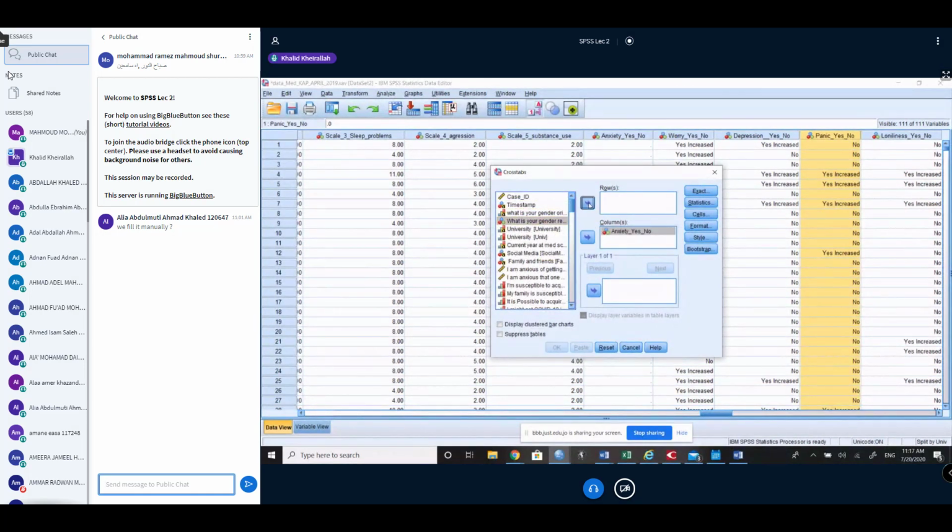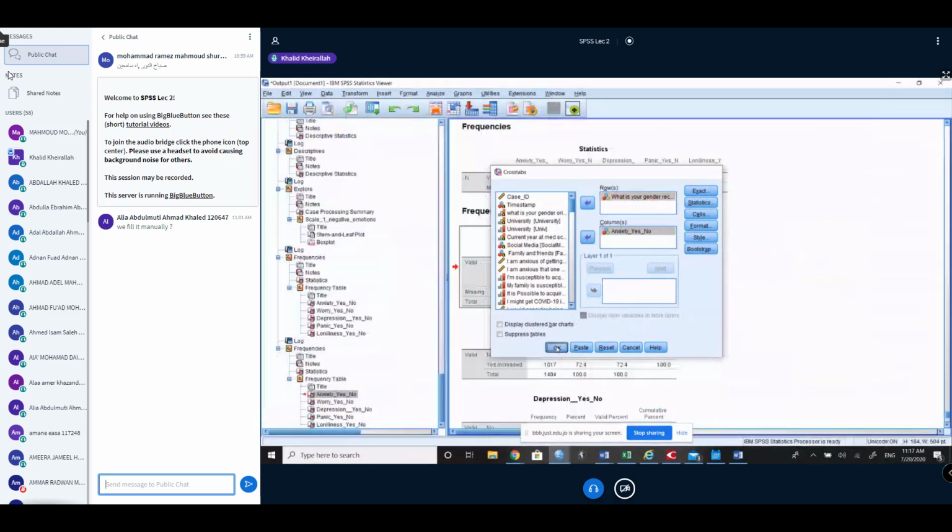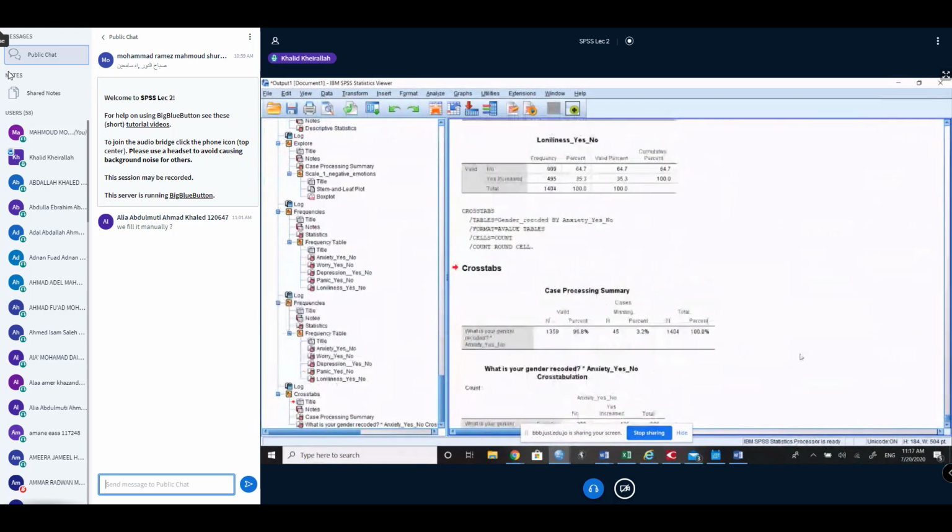This is gender. Okay. So I put anxiety yes and no as a column, and rows I put gender. So you hit OK.